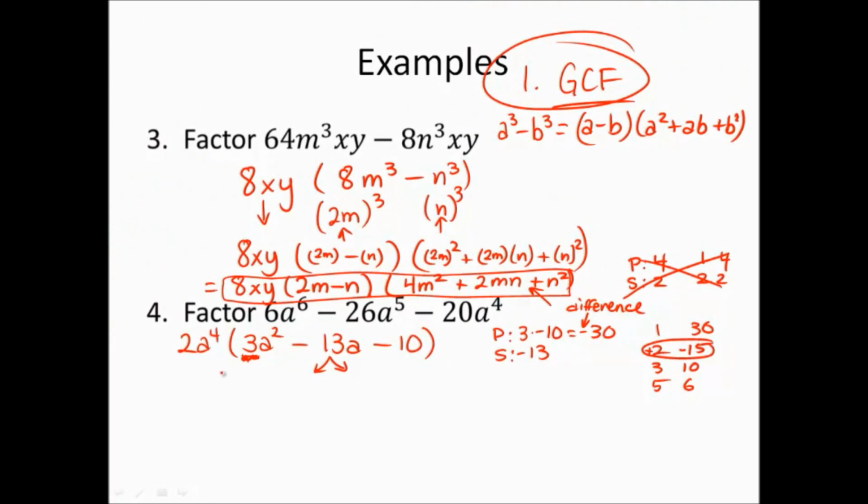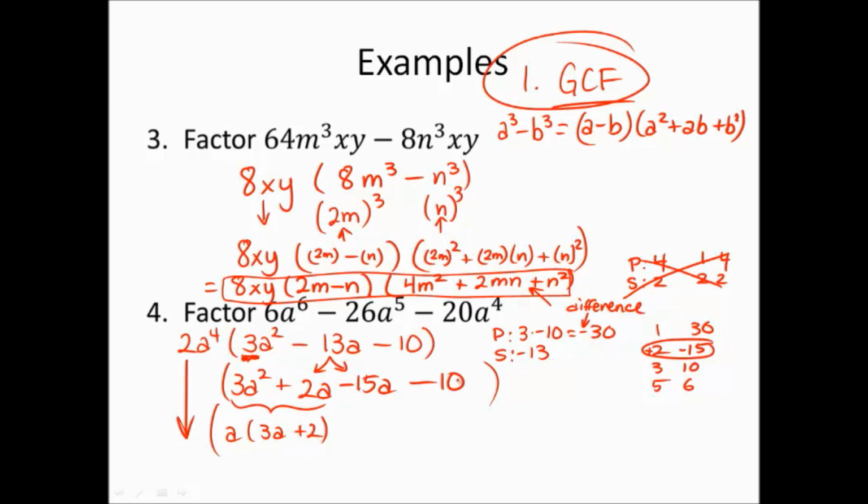So remember, maybe draw an arrow to remind yourself you need to include the greatest common factor in the final result. But let's apply decomposition here. So the middle term is going to split up to become a 2 and a negative 15. We get 3a squared plus 2a minus 15a minus 10. And let's apply grouping. In the first two, we've got a common factor of a, leaving us with 3a plus 2.